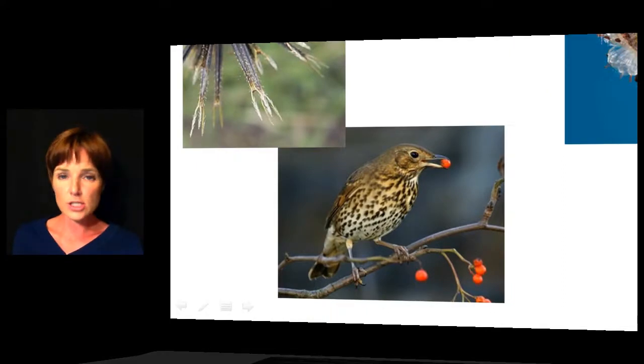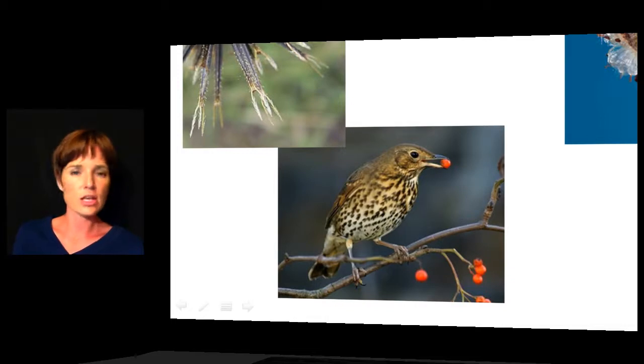The bird would consume that fruit, the fleshy tissue would break down and be consumed, and then the seed itself has a tough outer coating on it so that it would pass through the digestive tract just fine. So the embryo inside is still going to very much be viable once that seed does get dispersed elsewhere.